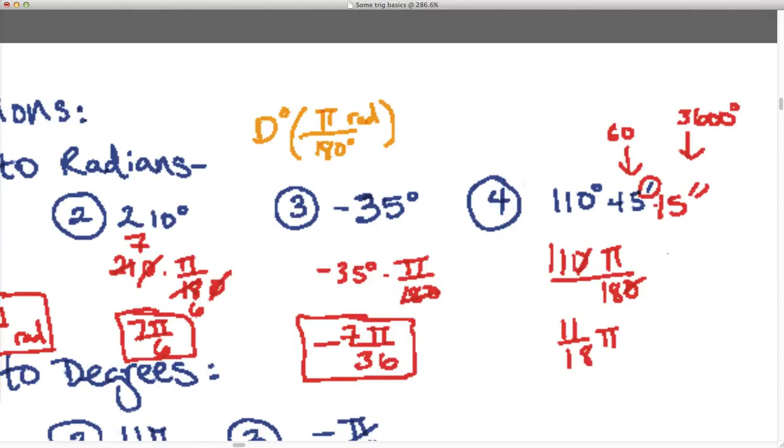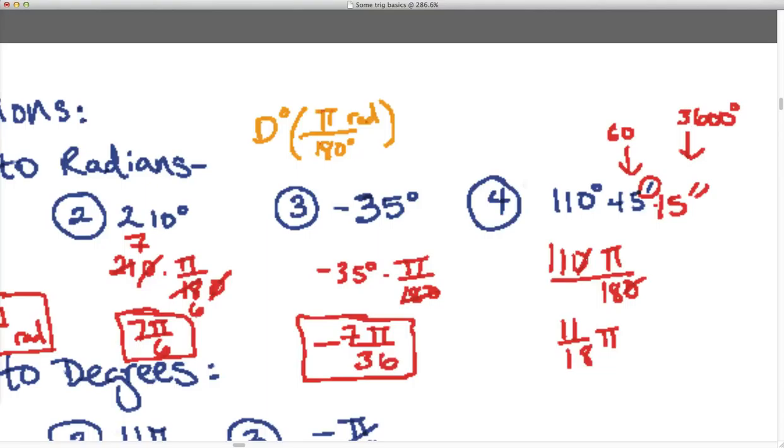And whenever you do that, let's get a decimal value for that. So we have 11 times pi. Where's my pi on my calculator?